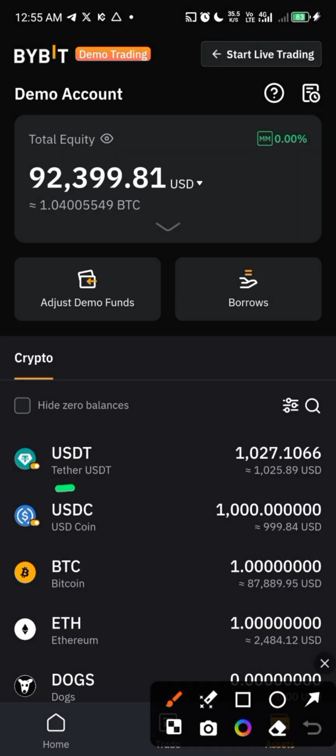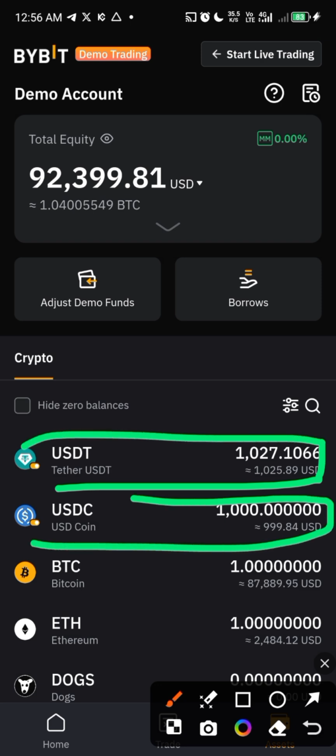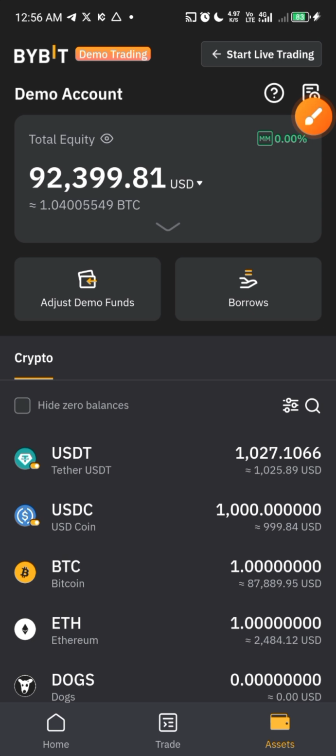They're going to fund here with $50,000. This one also may be funded with $50,000, but that is not the right amount of money you need to start trading with, especially if you're a newbie and you don't have money. Don't make the mistake of starting with that $50,000, because that is not the amount you yourself will be funding.